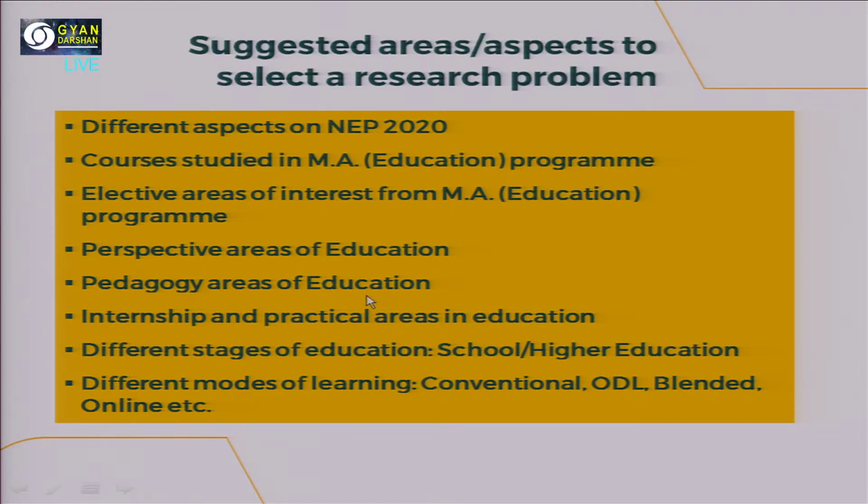Then pedagogy areas of education, how to teach science, mathematics, languages, social science and other subjects. Then internship and practical areas in education, different stages of education, school or higher education, different modes of learning, that may be conventional, ODL, blended or online. So these are certain areas you may consider for selecting your research problem.